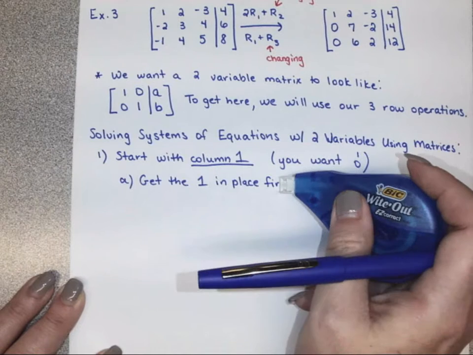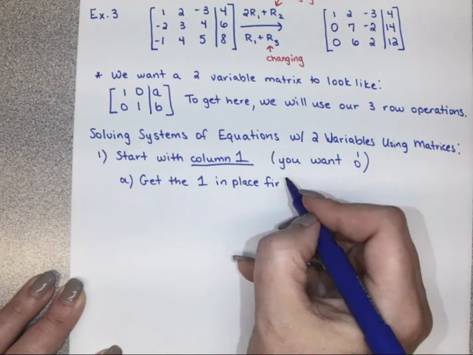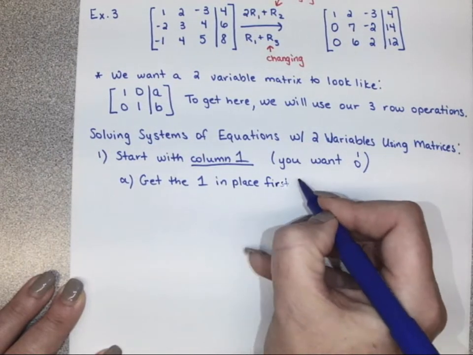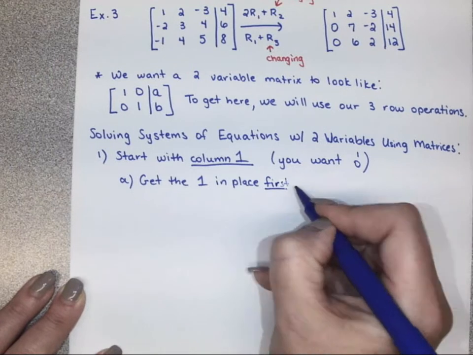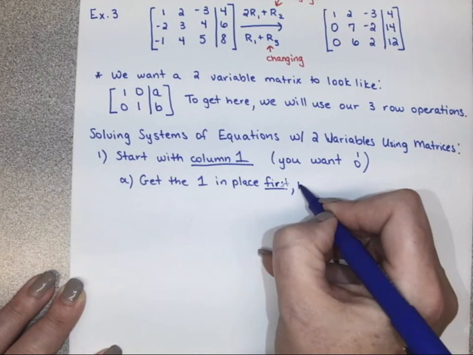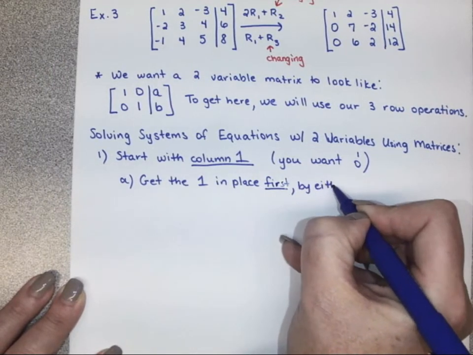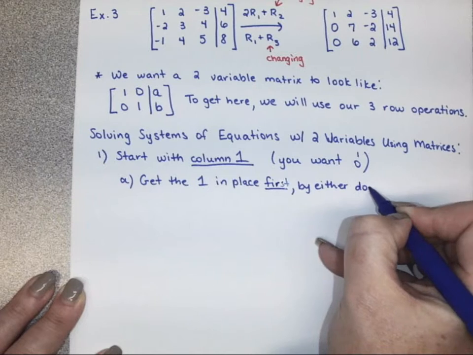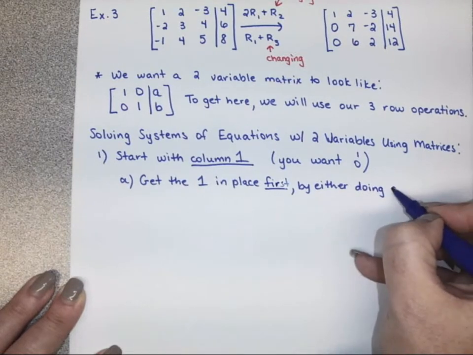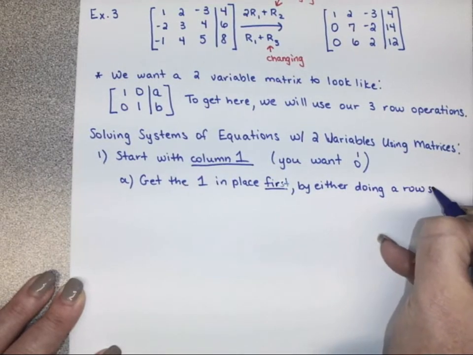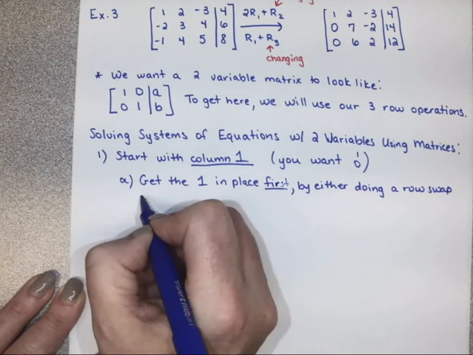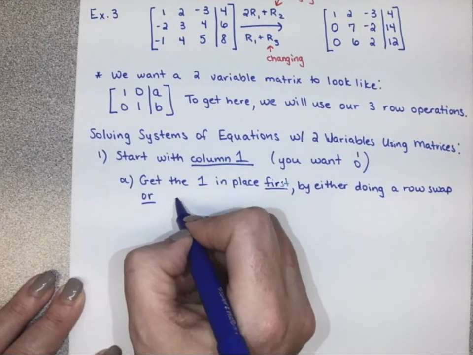And you're going to do that by either row swapping, sometimes that works. So you want the 1 in place first by either doing a row swap occasionally, if it'll get you the 1 where you want it. But most likely it's going to be the second way.